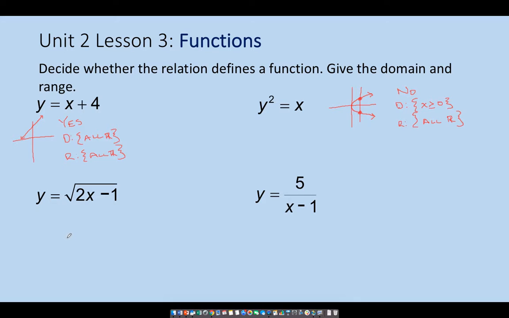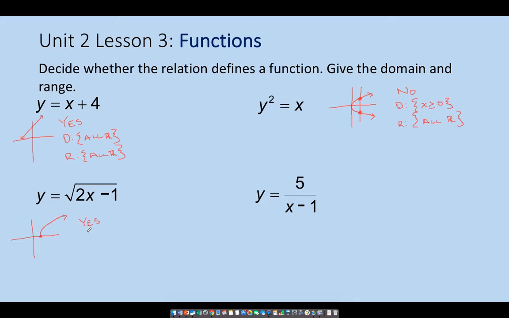All right, moving on. This one right here, I've got another radical. And so, again, if you just kind of use your calculator to graph this one out, here at 1, you would start, and then it would be kind of like that. So is this going to pass the vertical line test? Well, it sure looks pretty steep right here, but it is crawling to the right. And so, yes, this does pass the vertical line test.